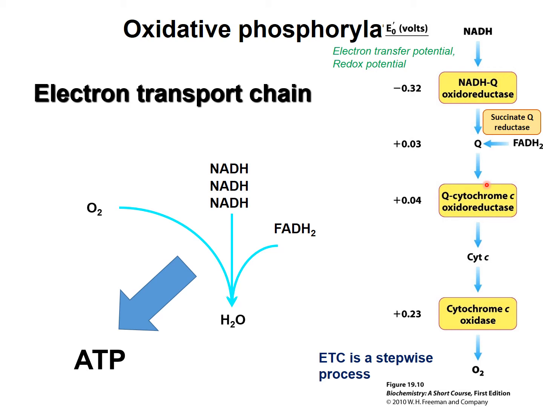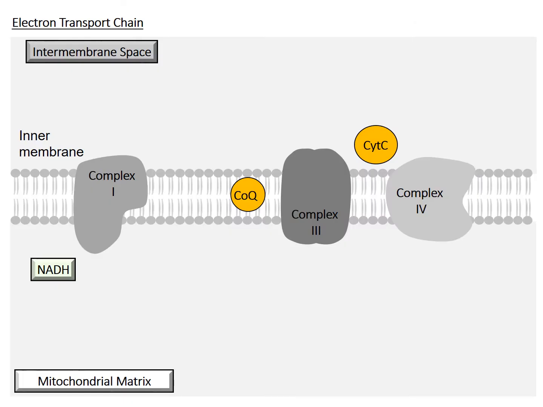And therefore, electrons will always flow from a component with a negative redox potential to the components with a higher redox potential.